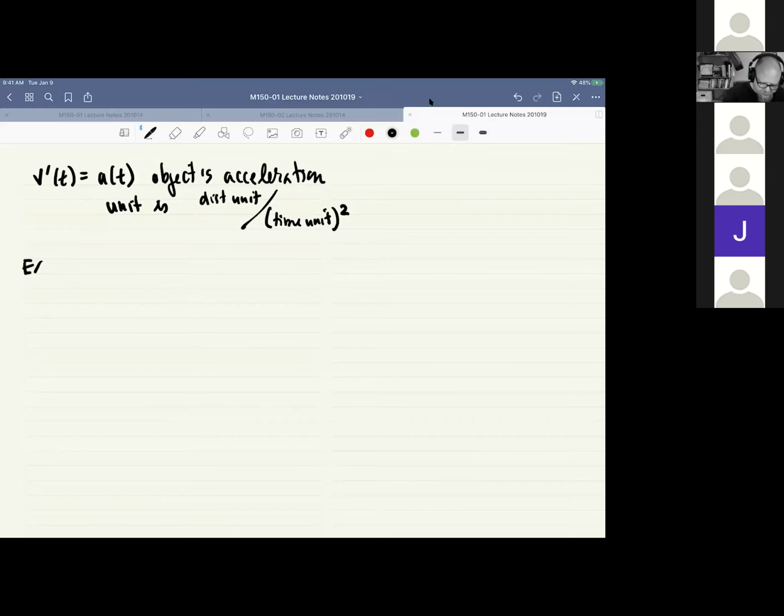So let's put this stuff to use with an example. Suppose I've got an object.